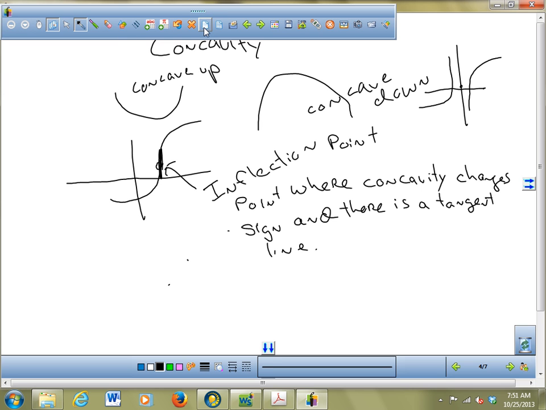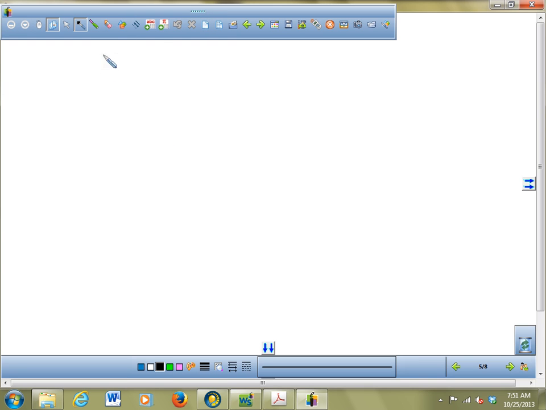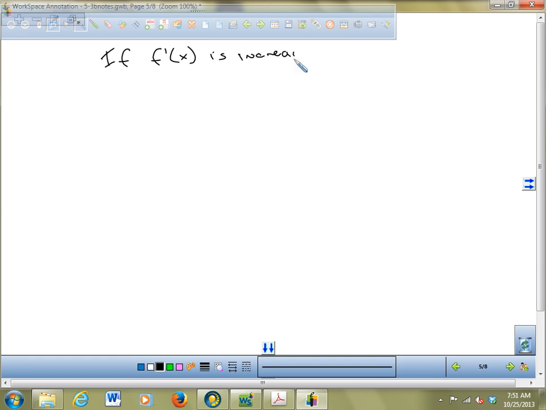So if f prime of x is increasing, in other words, f double prime of x is positive, then concave up.